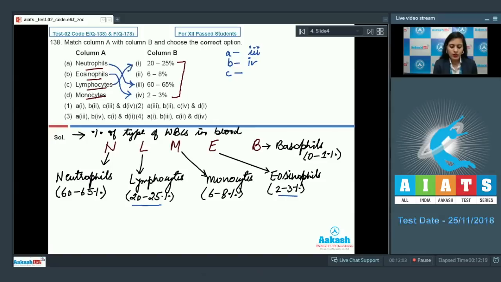So C in column A goes with 1 in column B. And D in column A goes with 2 in column B. So the correct answer for this question is option number 3. A with 3, B with 4, C with 1 and D with 2. So the correct answer is option number 3. Let's discuss our next question.